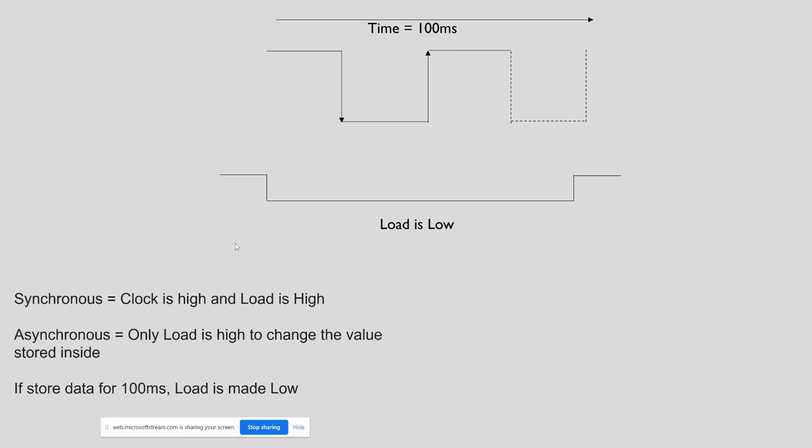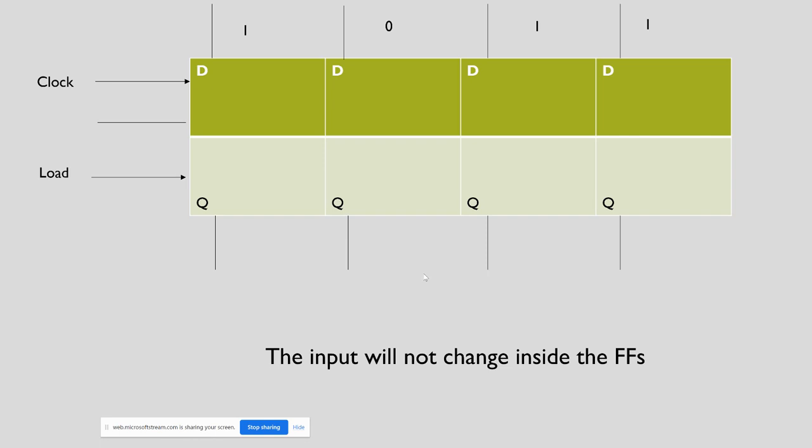As you can see, if we want to store data for 100 microseconds, load is made low here, so it does not affect the data. When I have a falling edge here, if I want to store data for 100 microseconds, load is made low, so the input will not change inside the flip-flops.